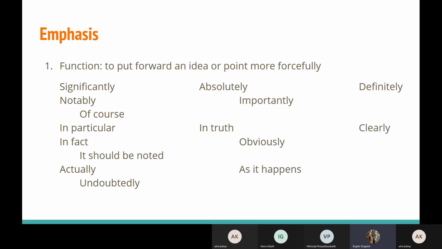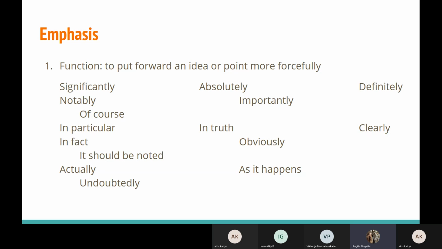So first is emphasis linking words, and they function in a way that they put forward an idea or point more forcefully. So for example, phrases such as significantly, notably, of course, in particular, in fact, it should be noted, actually, undoubtedly, absolutely, importantly, in truth, obviously, as it happens, definitely, and clearly.